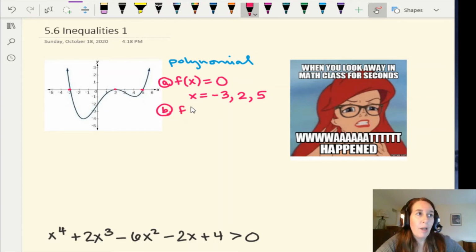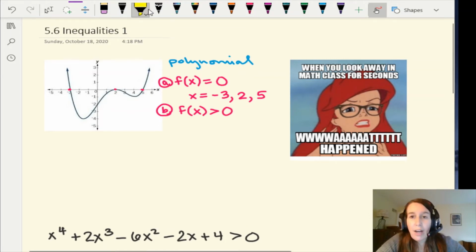Another question you might be asked is, when is f of x greater than 0? Okay, so when is it greater than 0? When you're looking at a graph, you are going to be looking at the graph that is above 0. Okay, so I'm highlighting the parts in the graph so that you can easily see, okay, the graph is greater than 0 here, the graph is greater than 0 here, and we are going to answer in interval notation.